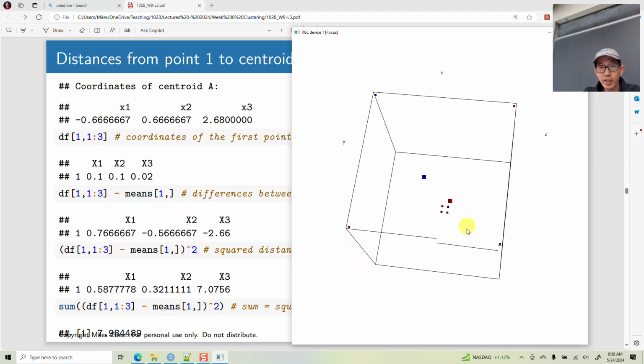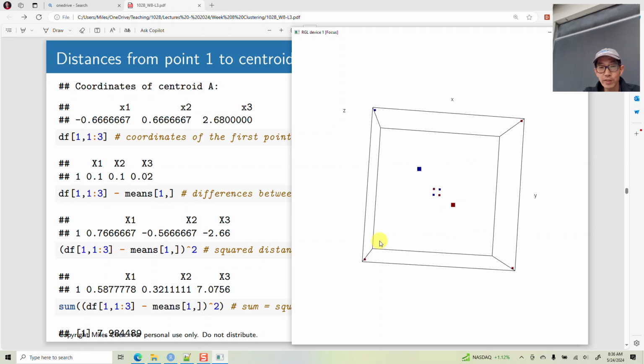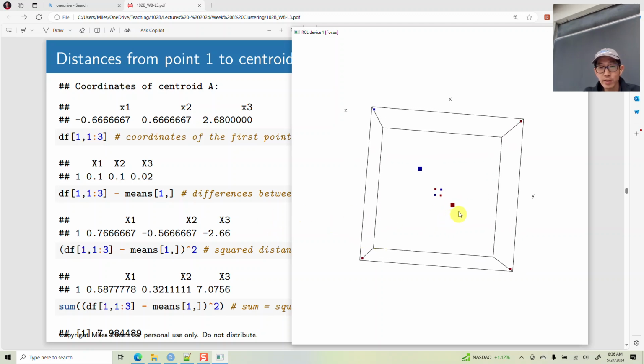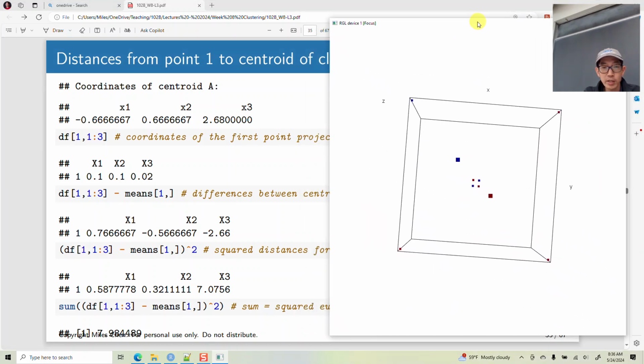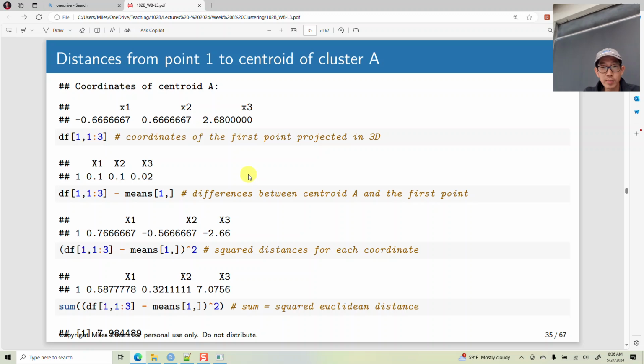And then what is the centroid of the red? I'm sorry. Okay, so this is the coordinate and then the distance.